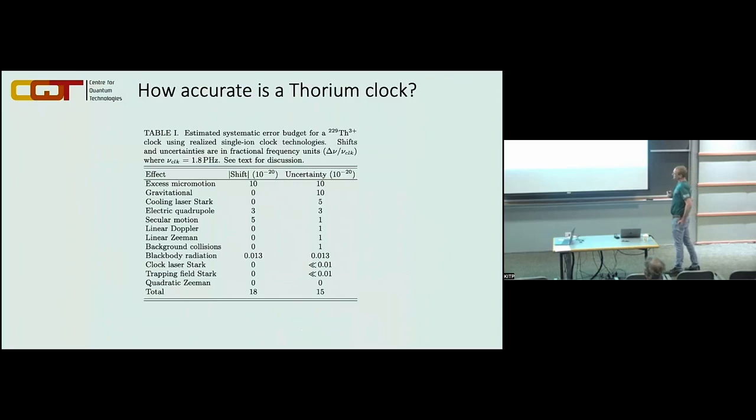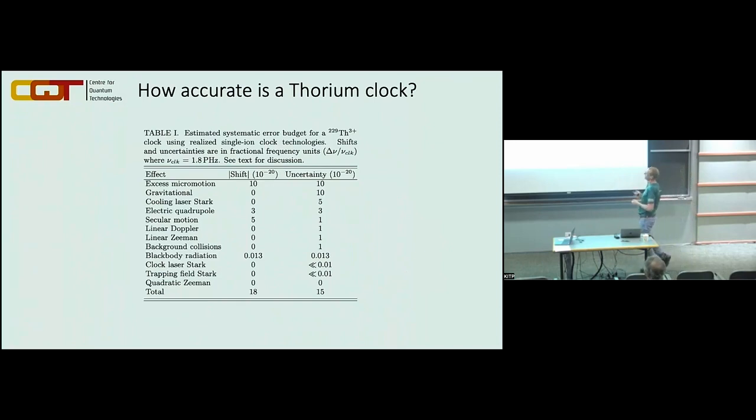And I think that comparison between two identical clocks is important, and this is the reason why. This is the thorium clock budget, which was presented at the workshop earlier. The numbers are also getting down to that 10 to the minus 19.